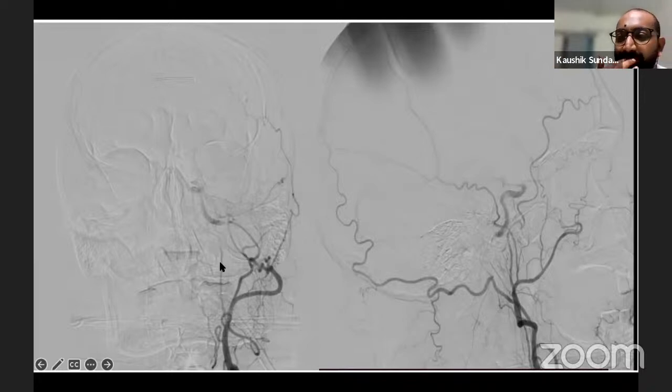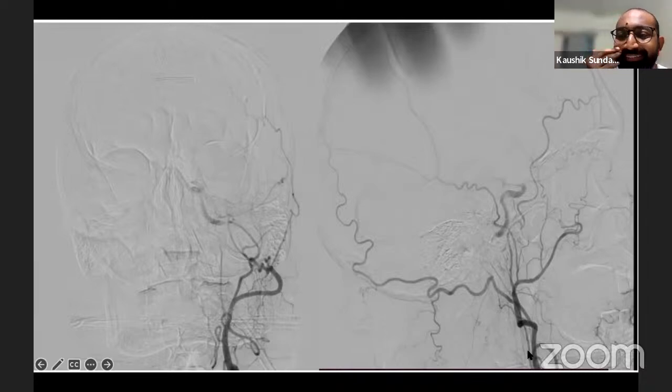What is that? Internal carotid artery. No, that's not the internal carotid. Where is it originating from? What is that artery?